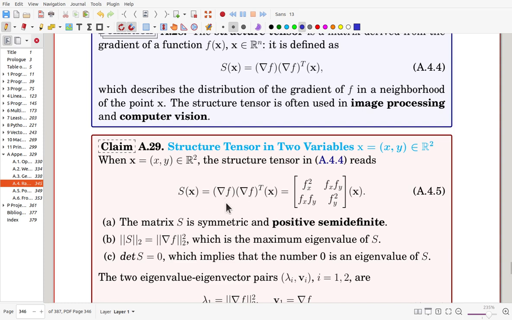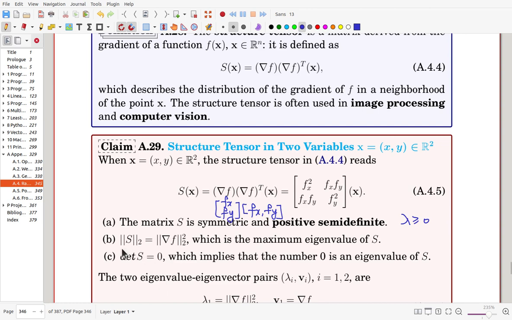Now that one is f sub x, f sub y, a vertical vector, and this one is a row vector, f sub x and f sub y, so that this outer product will make this one. As you can see easily, the matrix is symmetric, and because of this structure, it is positive semi-definite. That means that the eigenvalues are non-negative.